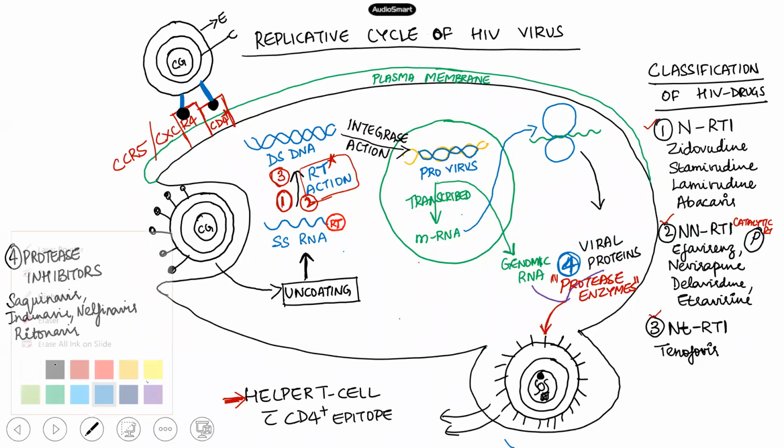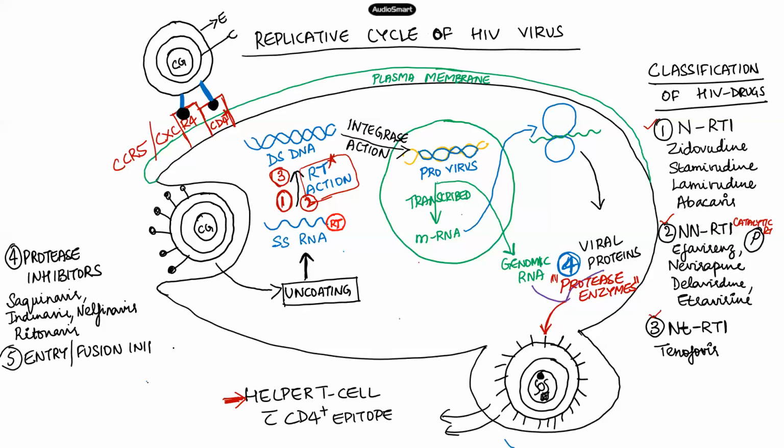Now, lastly, we have got a few drugs. The fifth drug group is your entry fusion inhibitors. For the fusion of the virus to the host cell, we have GP41 that causes the fusion of the envelope with the plasma membrane.